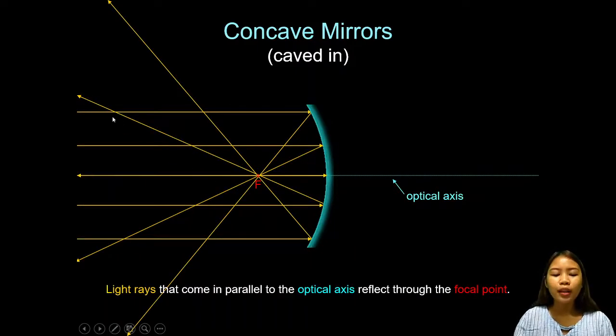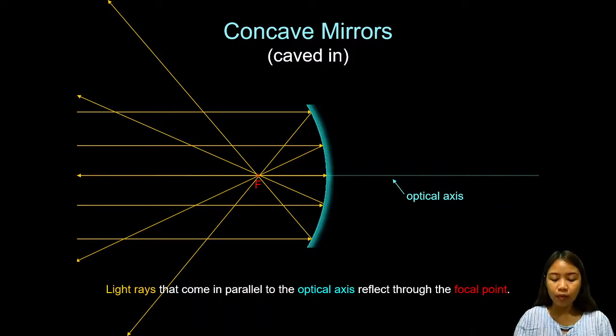Now, kung lantawon naton, we have here the incident rays. So, once they hit the concave mirror, nagtipon or nag-converge sila. Diin sila nag-converge, diin sila nagtipon? Diri sila nagtipon sa may focal point. Okay? That is where those light rays or those reflected rays converge or meet with each other.